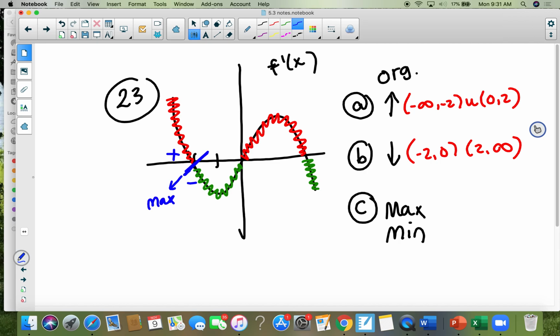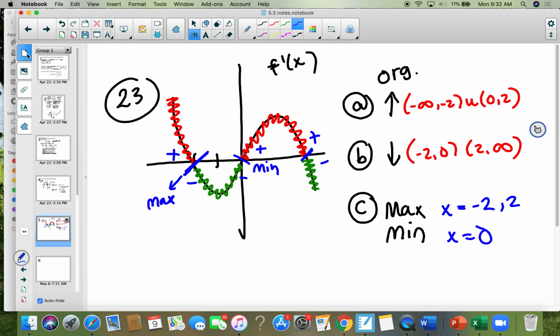You can't say the point because it's the derivative, but there is a max at x equals negative 2. And if you go from a negative to a positive, you know you have a min at 0. And you also go from a positive to a negative right here, so you know you also have a max at a positive 2. So that's how you do 23.